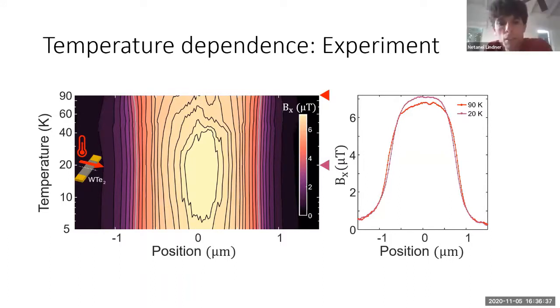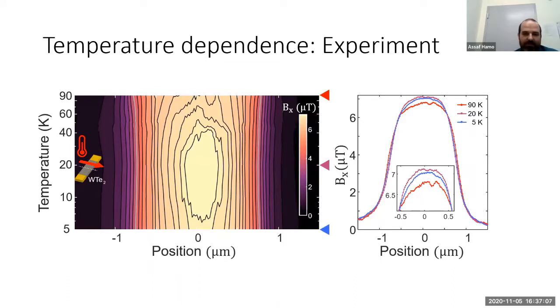How can I rule out that this is some sort of thermal expansion of this bar, or some sort of structural change that changes the profile? Yeah, for that I have the next one. If it was because of thermal expansion or something like that, it should be monotonic.